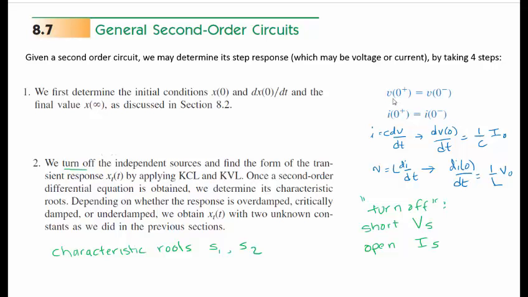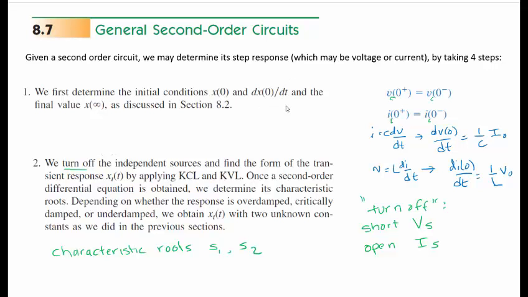So in this chapter, V's are V sub C's and I's are I sub L's, but since in a series circuit there's only one I, or in a parallel circuit there's only one V, you can use that to your advantage.